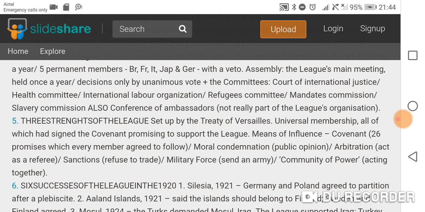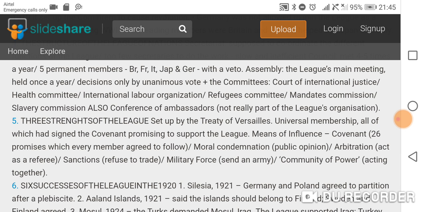And then from there, we'll go to three strengths of the League. And we see that the League was set up by the Treaty of Versailles, and that it had universal membership, and all its members had signed the covenant, promising to support the League. And some of the means of influence that the League had was through the covenant, where we see 26 promises that each member signed and promised to follow.